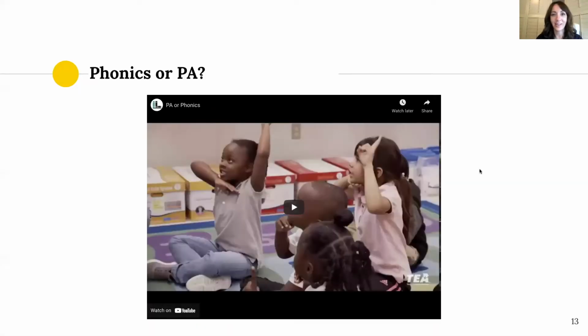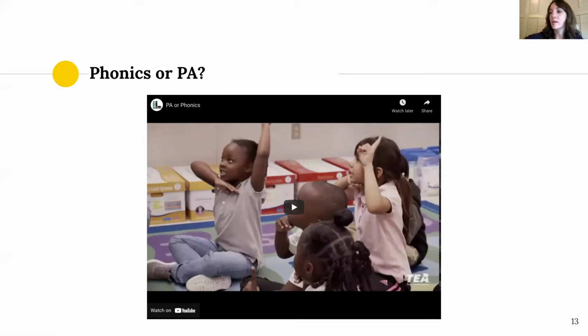Let's go ahead and I want you to try to identify if each one of these is phonological awareness or phonics. So some things to keep in mind, things to look for. Can it be done with your eyes closed? There shouldn't be any letters, any words.